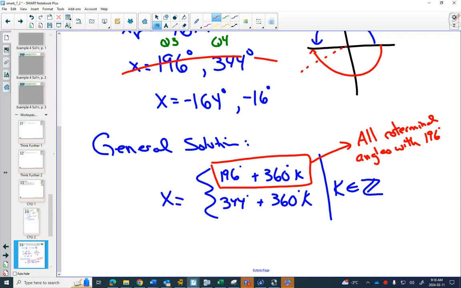So when we're writing all coterminal angles, which is something that's going to be on your chapter 6 test, it doesn't matter which angle you start with. When you add the 360 degrees times k, it hits every single one that's coterminal. I always like to start with the first time around because I find that those numbers are something you're more familiar with. Okay, questions to circle on this one are 6 and 7.